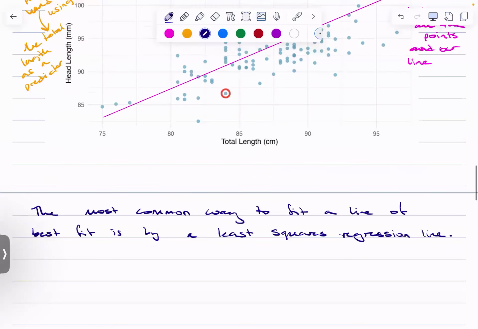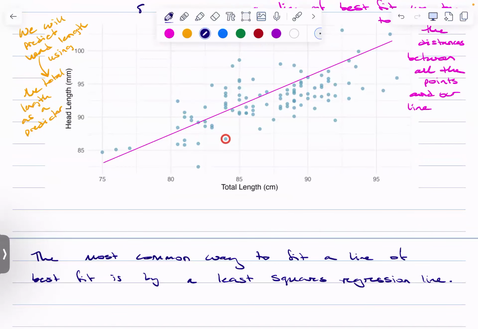It's kind of mind-boggling in the way that it goes through, and instead of just blindly drawing a line, it considers a line. Then we calculate all the distances from all the points to the line that I'm proposing. All these distances are going to be called residuals.